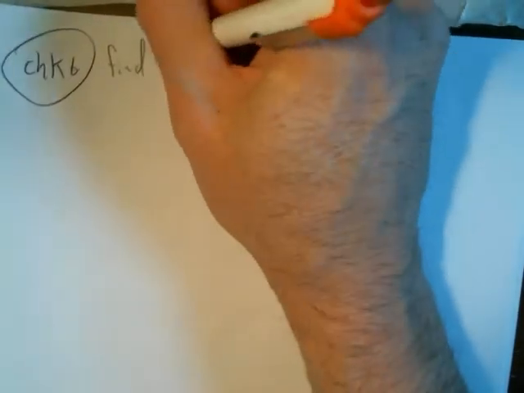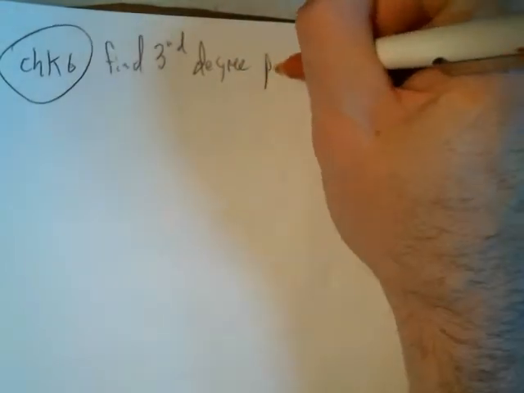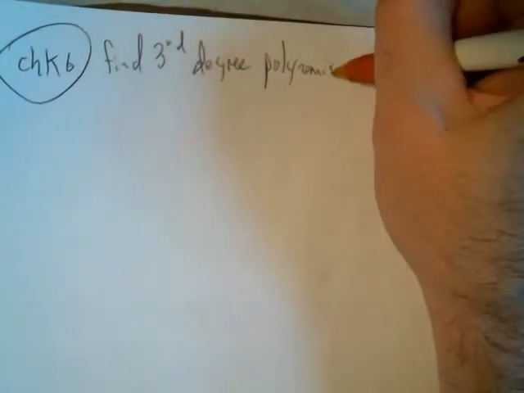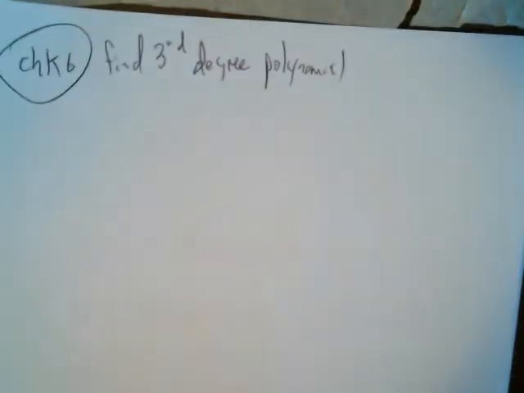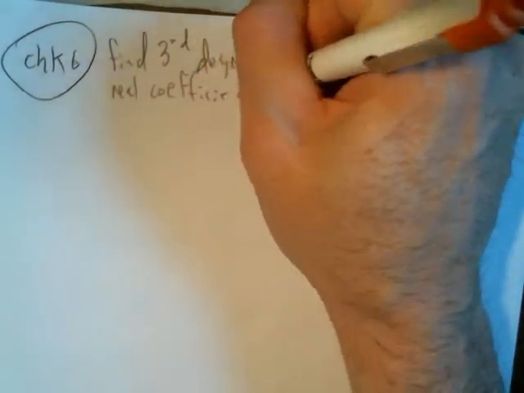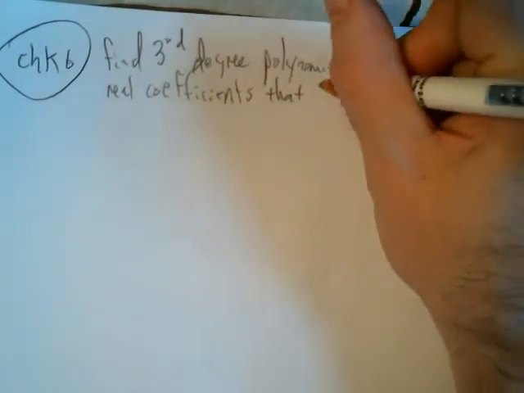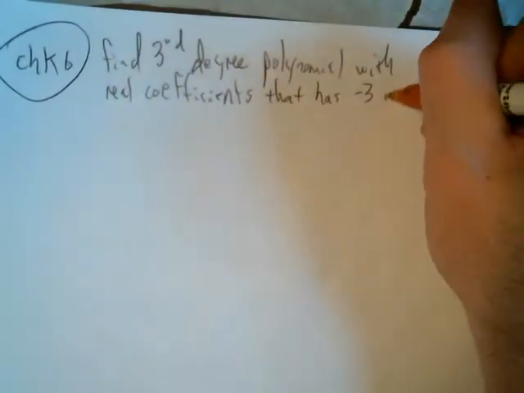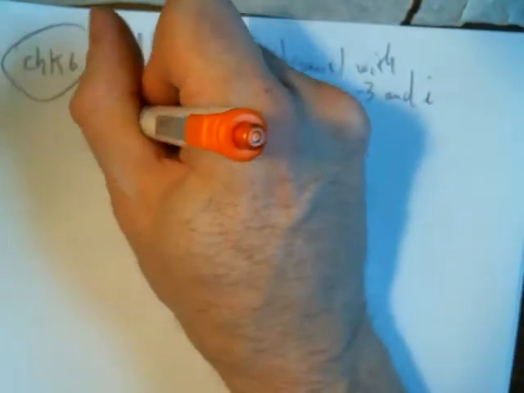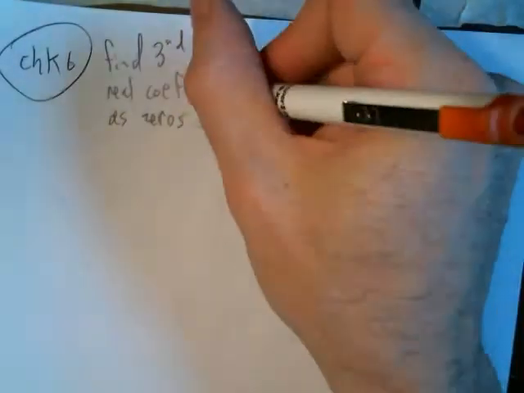So they want you to find a third degree polynomial with real coefficients that has -3 and i as zeros, and f of 1 equals 8.